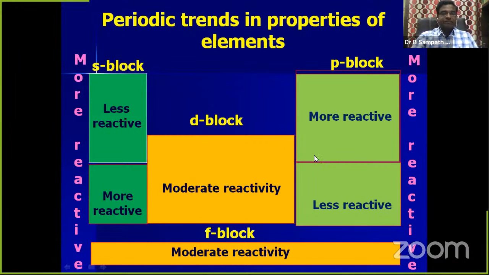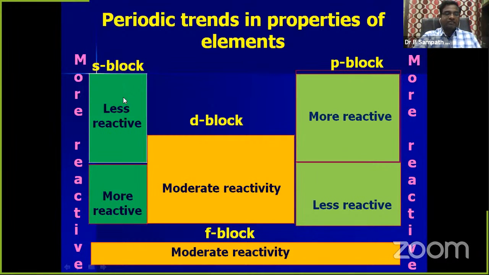In the same way, let us observe the reactivity of elements in the groups, the vertical columns. In groups from top to bottom, if we see the left side of the periodic table, the top elements are less reactive and the bottom elements are more reactive. Means in a group from top to bottom towards the left side of the periodic table, the reactivity of the elements increases.